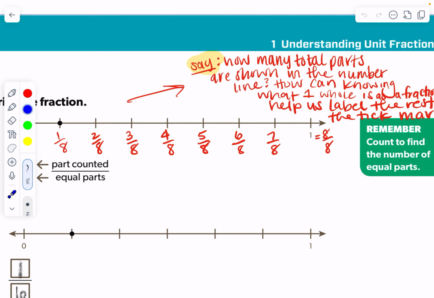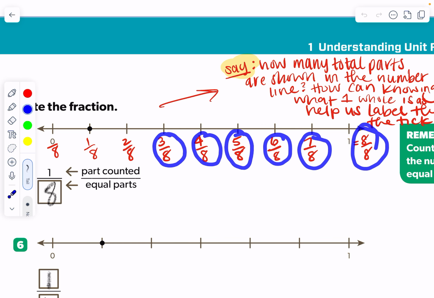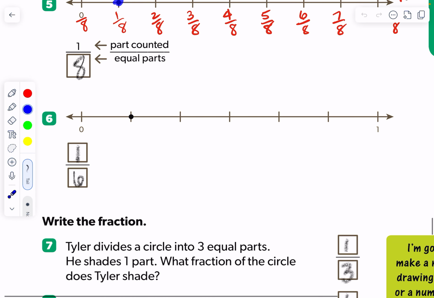And then we can just work backwards. So if this is 8 eighths, then this is 7 eighths, 6 eighths, 5, 4, 3, 2, 1, 0. So this plotted point is at 1/8.